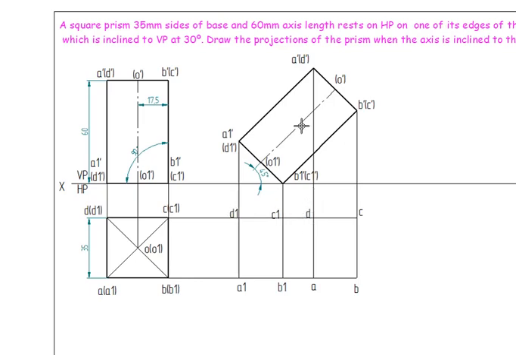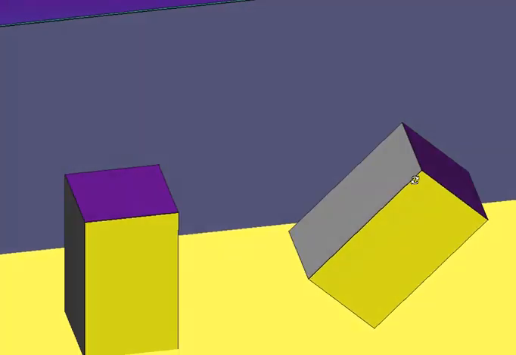Now the first thing while solving it is, in any view you're going to be seeing, the outer boundary of the solid is always visible.